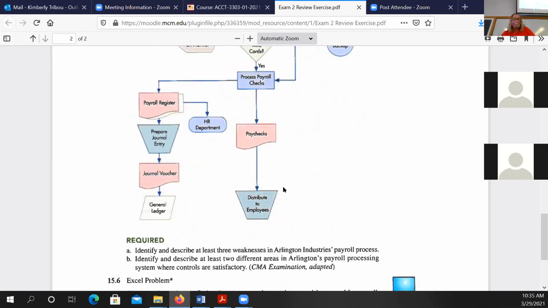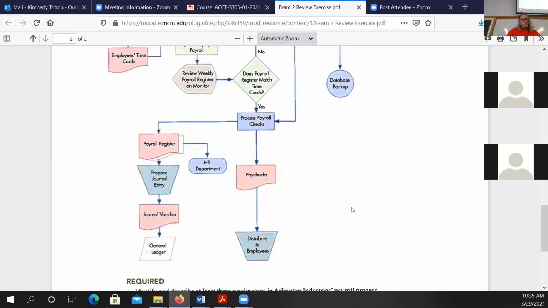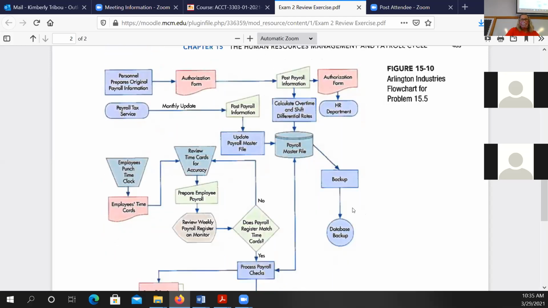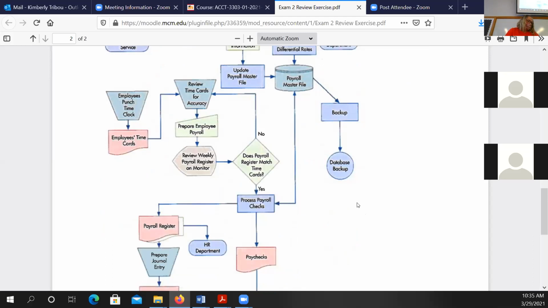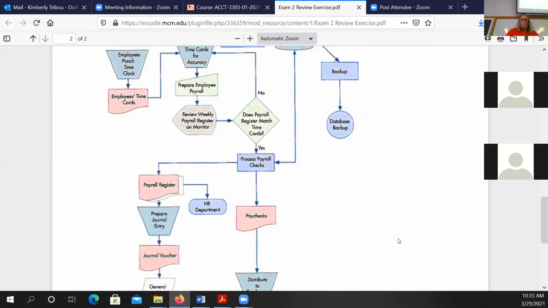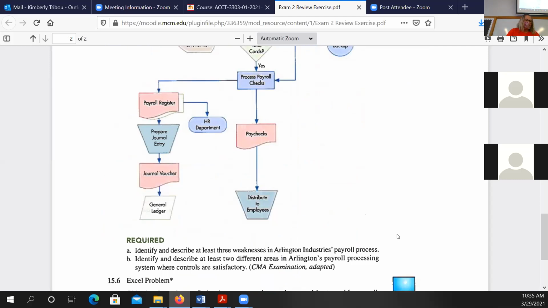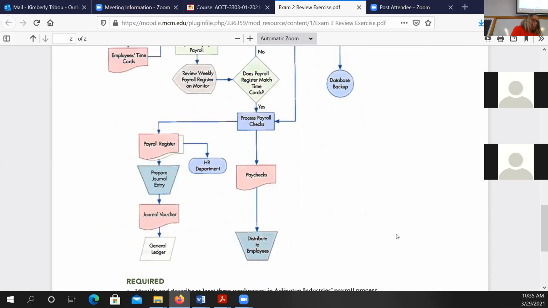What are some of the outputs of this process? I see 3 of them, it looks like. Yeah, database backup, that's one of the, I'm calling it an output per se, because it's the end process.